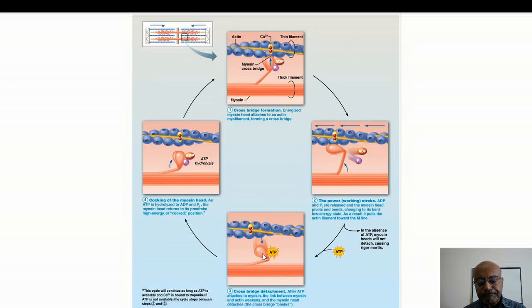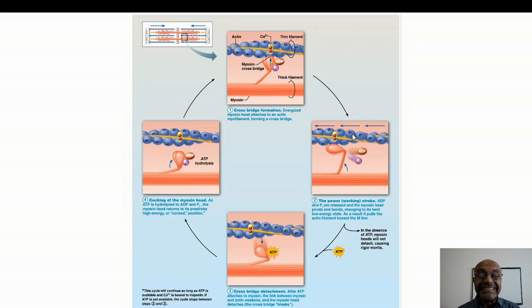This is ATP being attached to the myosin head. This is ATP being dissociated into ADP and P. And then here, cross bridge formation, meaning the myosin head being attached to the active site on the thin myofilament, and then the myosin head applying a stroke, pulling the thin myofilament towards the M line. This is how contraction takes place.